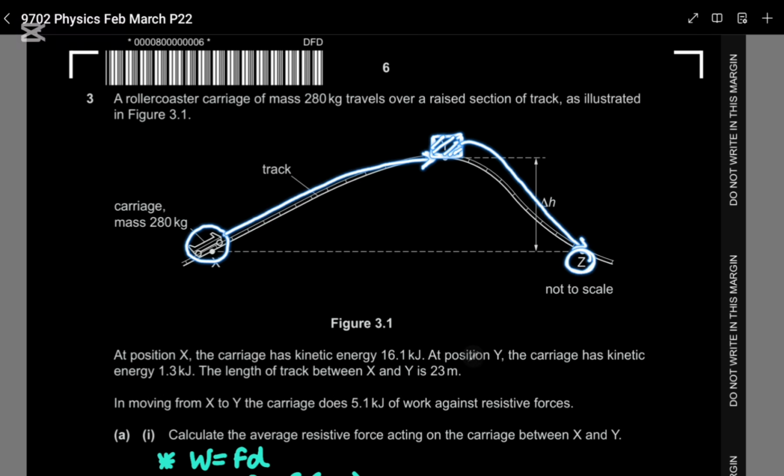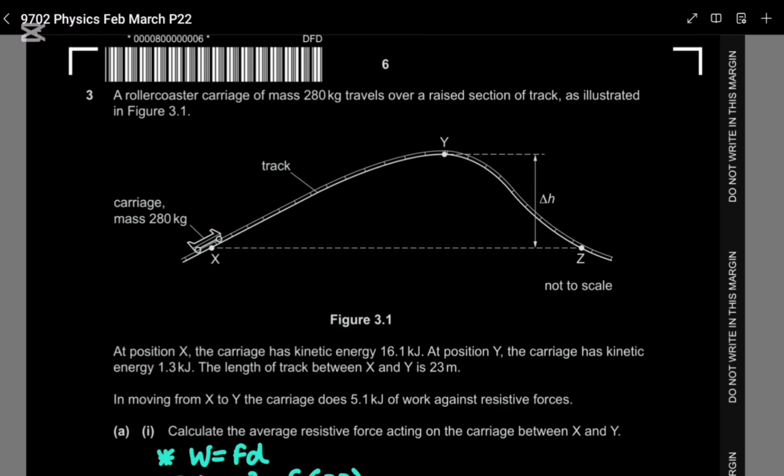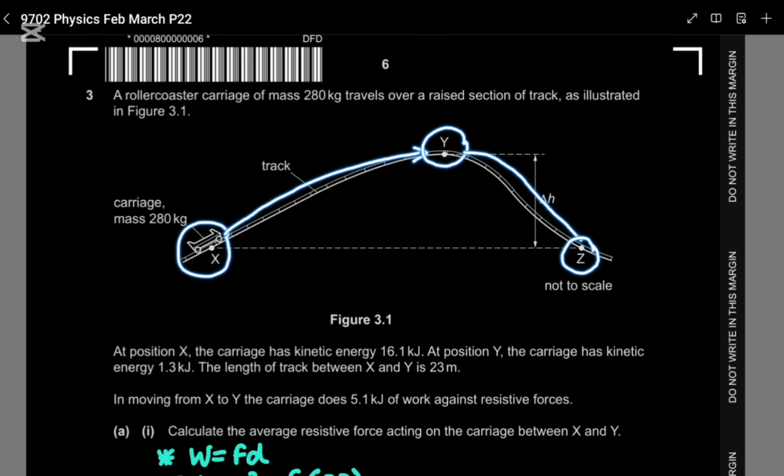Now look, suppose there were no resistive forces. Then all of the kinetic energy would have been converted into gravitational potential energy, and then the same gravitational potential energy would have been converted to kinetic energy again at Z. So in that case the speed would have been the same and the height is also the same.